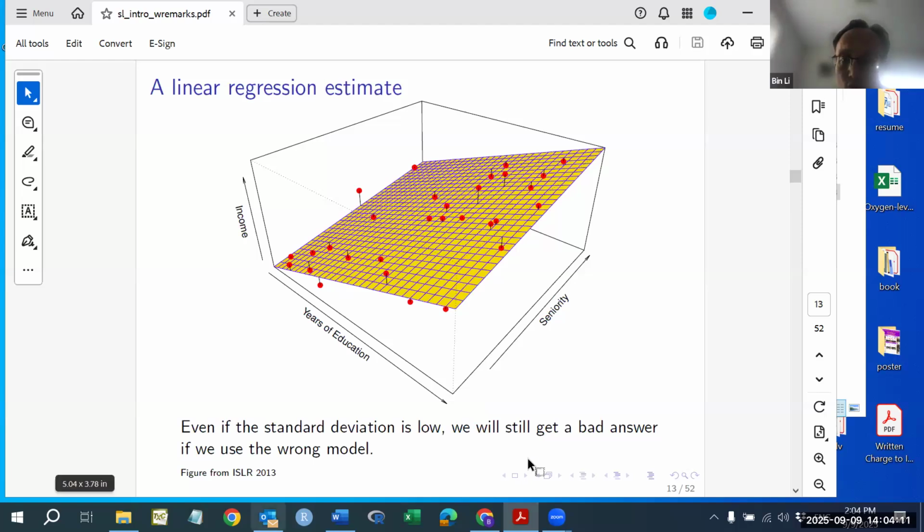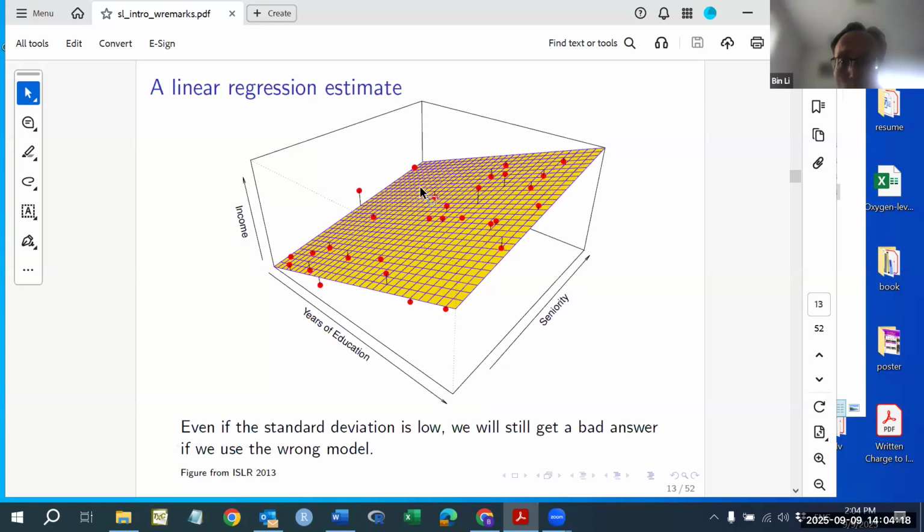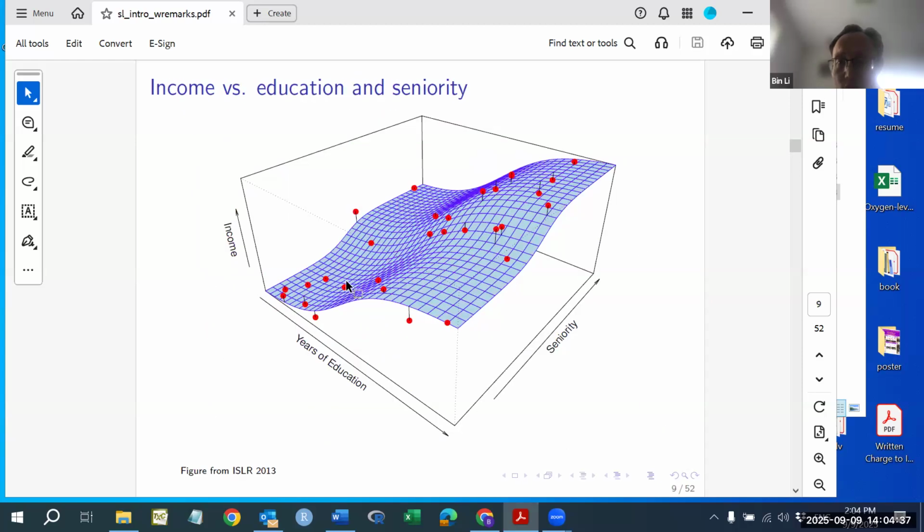This shows a parametric model for the income example. You can see our fitted surface is linear. That's a hyperplane, right? But for this approach, compared to the previous one, this is a nonlinear surface.